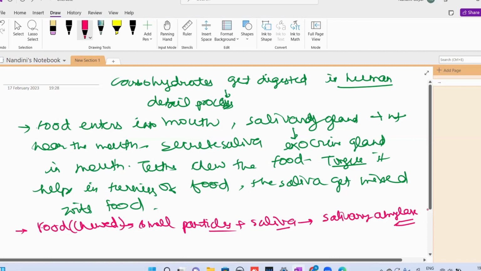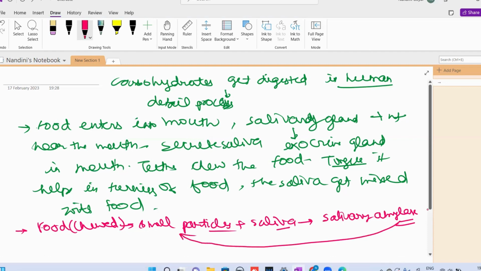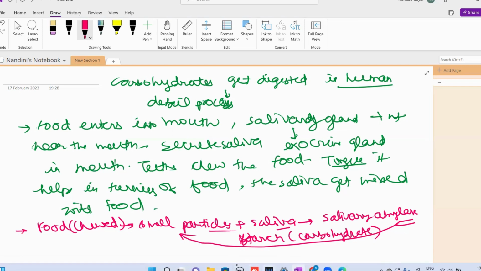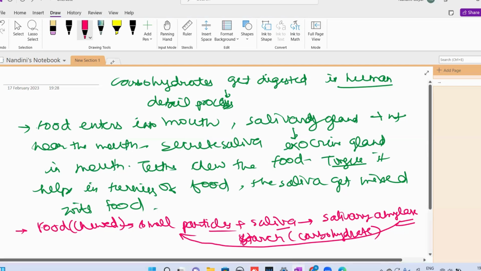Now amylase reacts with these small particles, and what constituent of these particles? Carbohydrate. Starch. This is a carbohydrate. Amylase reacts with this starch present in the food particle. So now what is it going to do? It is going to hydrolyze the starch.